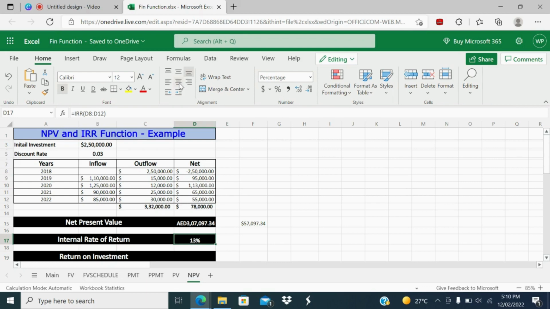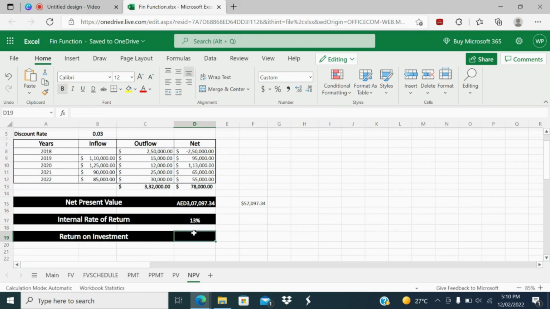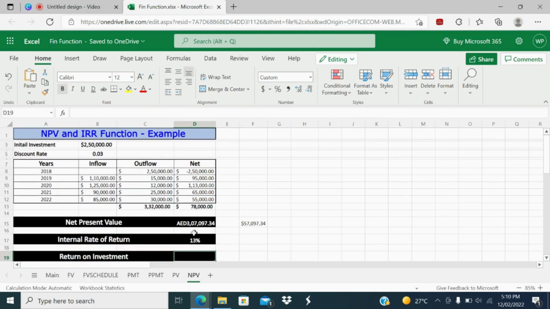And if you want to see return on investment, now I have a total outflow of 332,000 and my net present value is 57,000. So how much is my return from the investment?